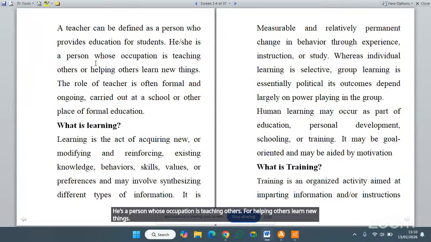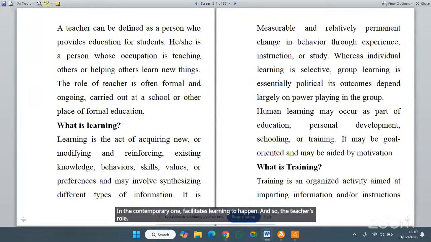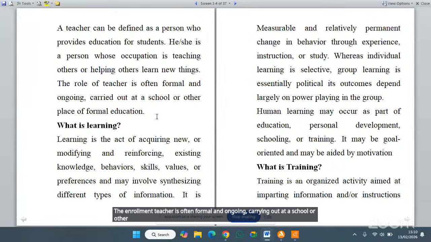So a teacher in the contemporary world facilitates learning to happen. And so the teacher's role is mainly to facilitate education of students to occur. The role of a teacher is often formal and ongoing, carried out at a school or other places of formal education.